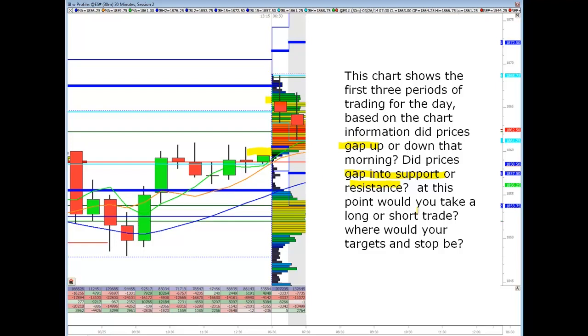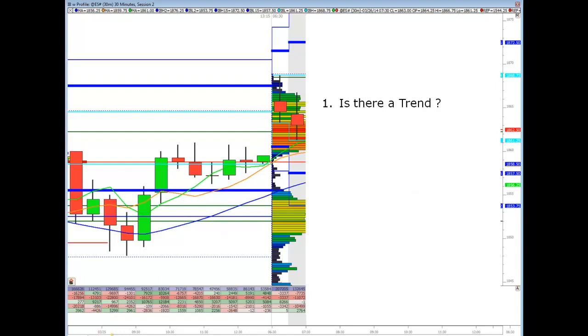So we have to look into that to be able to answer that question. Now, at this point, would you take a long or short trade, and where would you put your targets or stop? Well, is our 5 SMA rule in play? Absolutely not. We're above the 5 SMA. Now, as far as our traditional questions, is there a trend here? Well, if you take a look, I have the 20 simple moving average, and then I have the 8 above it and the 5.